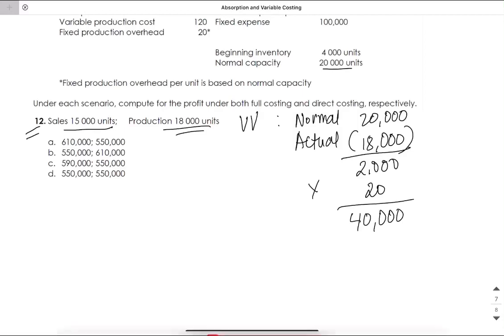This is unfavorable because it's positive. Our capacity to produce is 20,000, but we produced only 18,000 during the current period. So we have not maximized our normal capacity, and therefore it is unfavorable on the part of our cost.